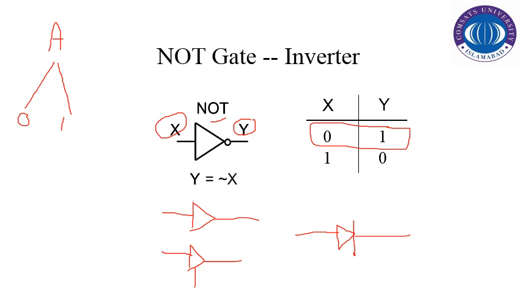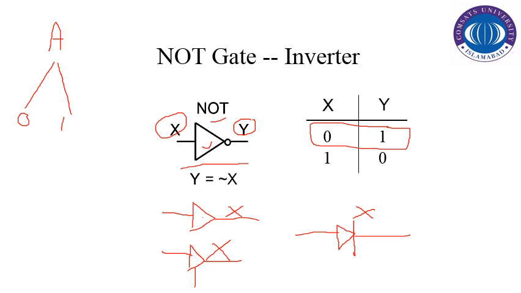So you have to be very careful while defining the logical representation or symbolic representation for those digital components. This thing is not equal to this thing. So you have to be very careful. This thing is known to be the buffer, this thing is known to be the tri-state gate, and this is the symbolic representation for the PN junction diode. So this is not equal to the NOT operation, this is also not equal to the NOT operation, and this is also not equal to the NOT operation. You have to be very careful while using the symbolic representation of any discrete or digital component.